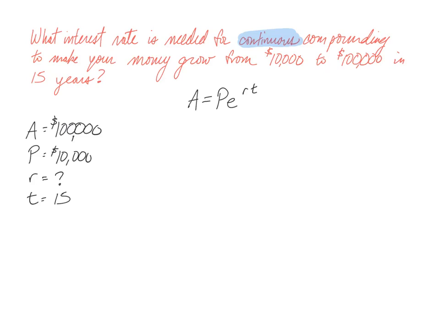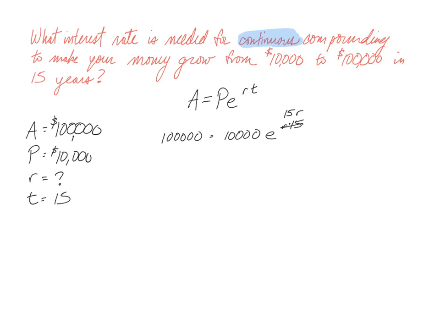Well, we can just plug all of our numbers in there. So 100,000, that would be 10,000 e to the rate we don't know times 15. And we can just rewrite that as 15r if you wanted. There we go. So 100,000 equals 10,000 e to the 15r power.